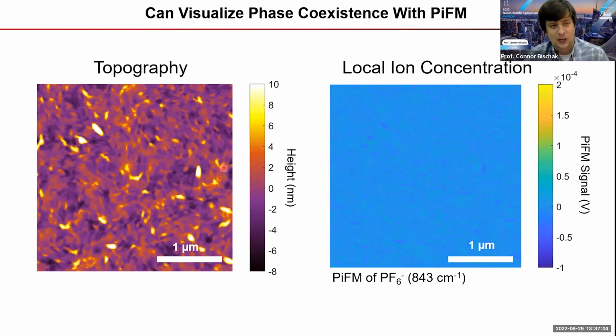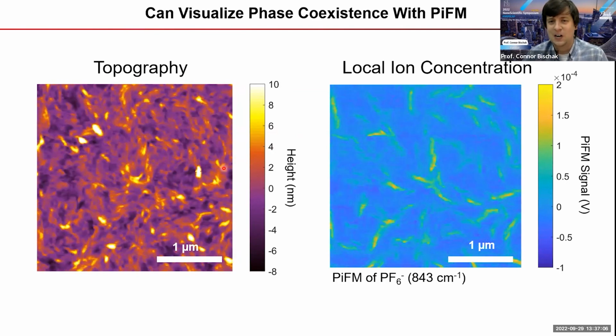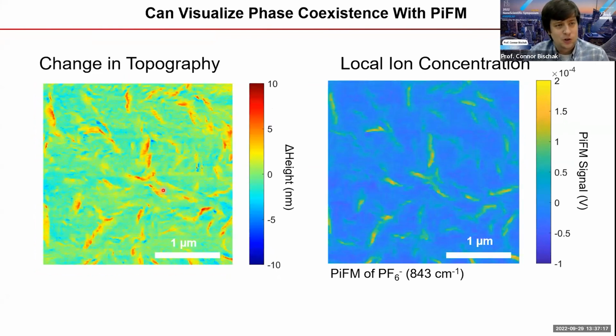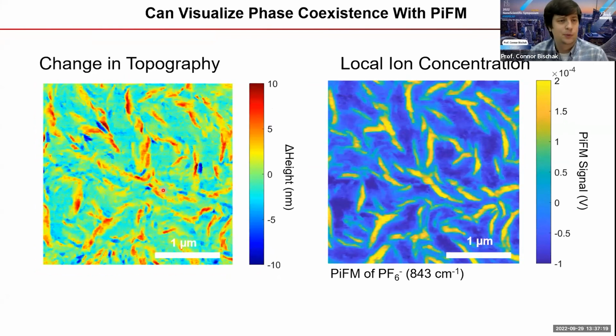And so this was really exciting. We still don't quite understand exactly why we have ions going to certain places and not other places, but it's still a work in progress. And so you can see here, if we look at change in topography, these correlations may be a little bit better.